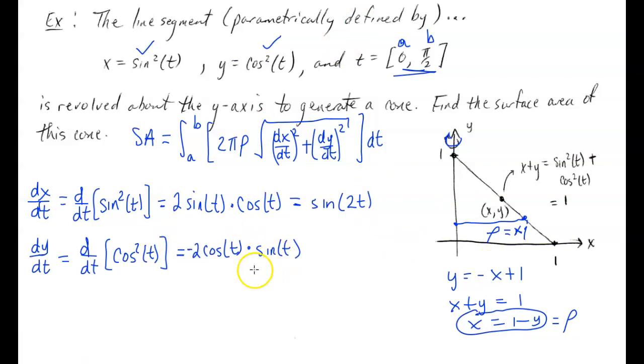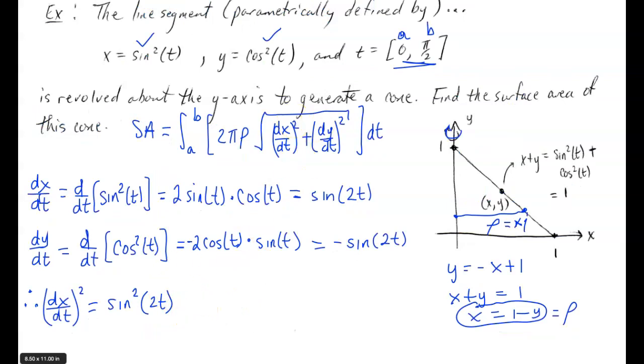All right, so from here, notice that this negative 2 cosine t times sine t looks very similar to what we have up here. It's just negative, so we could rewrite this as a negative sine of 2t if we wish. So therefore we know that if we take the derivative of x and square it, that's just going to be sine squared of 2t.